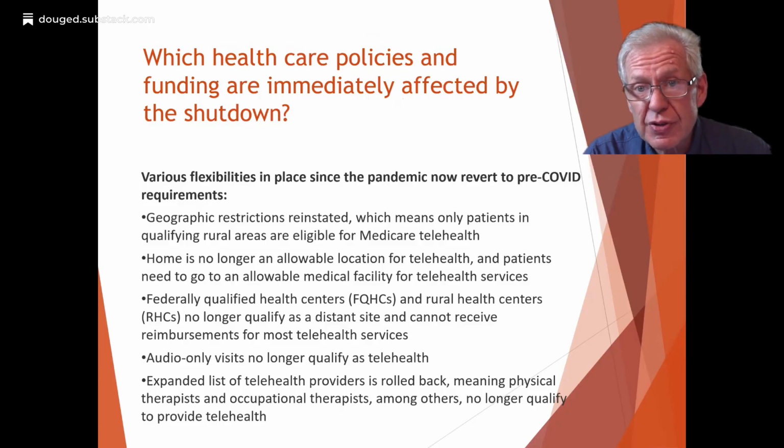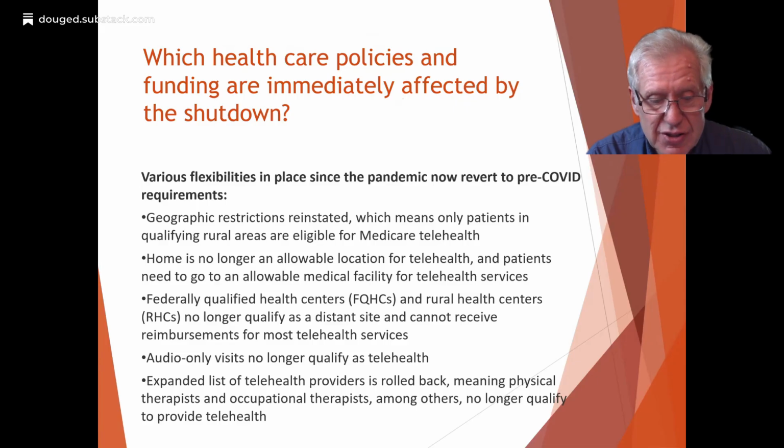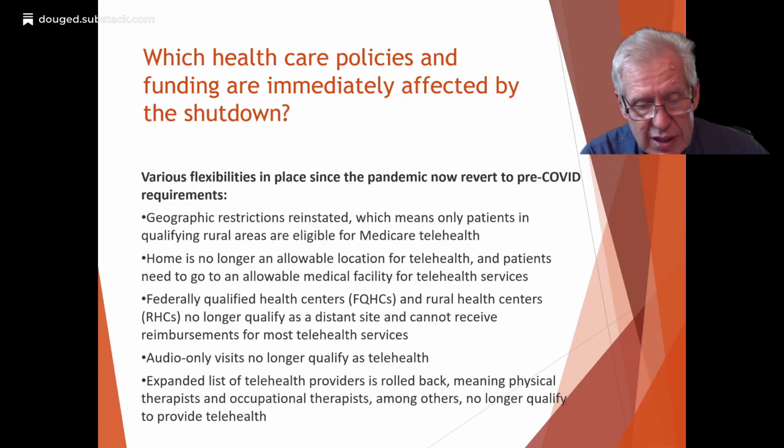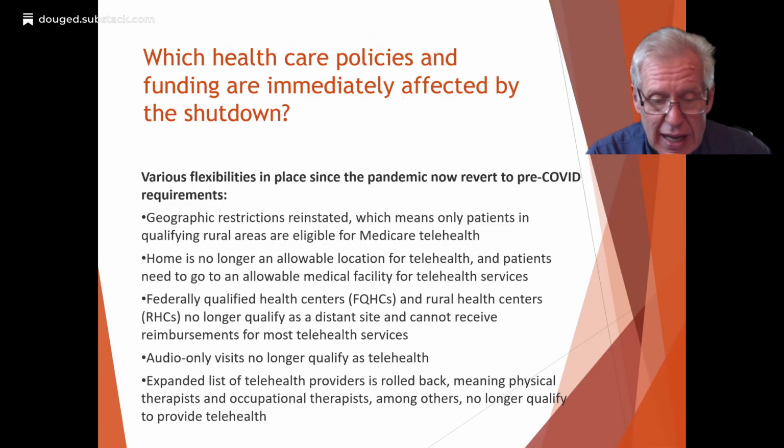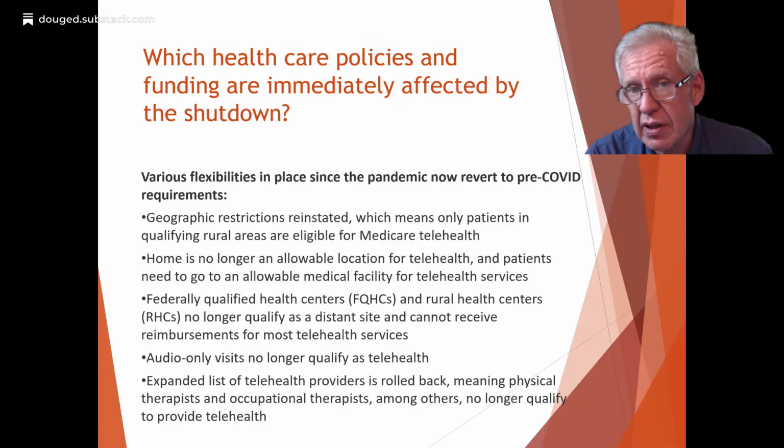You have to go to a physician's office. Patients need to go to an allowable medical facility for telehealth services. FQHCs and rural health centers no longer qualify as a distant site and can't receive reimbursements for most telehealth services.